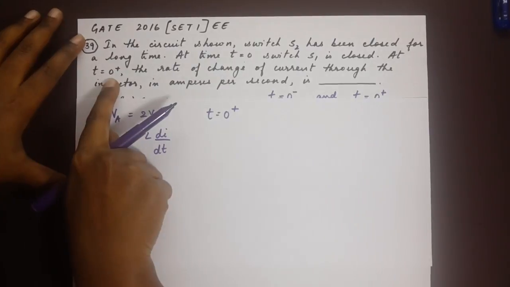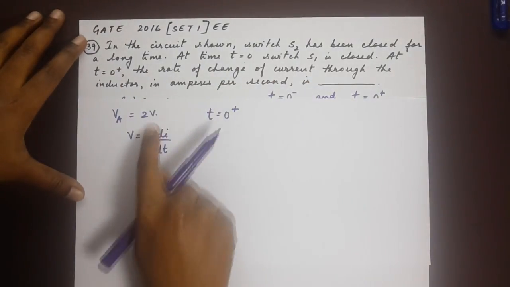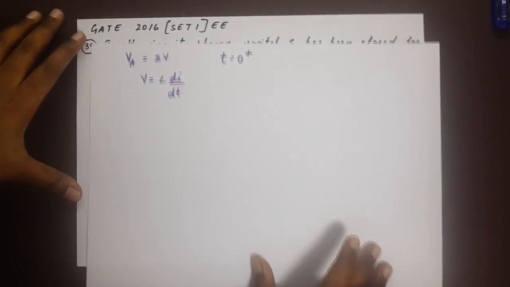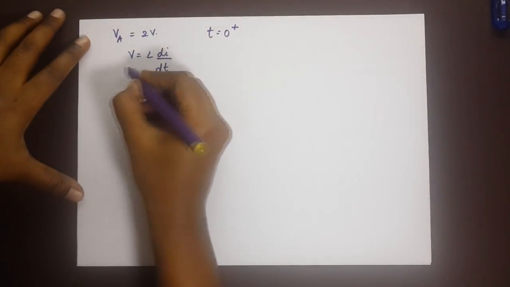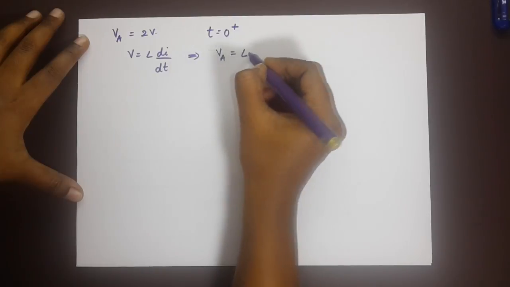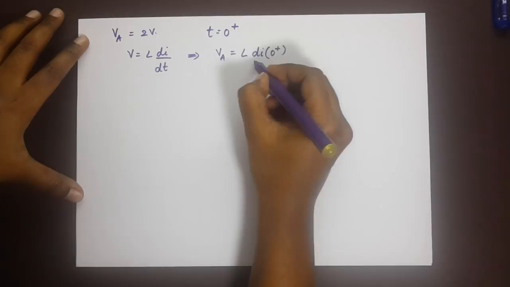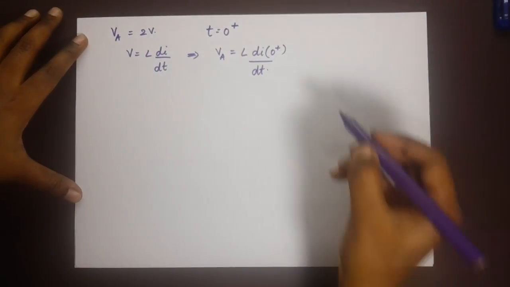At t is equal to 0 plus, the rate of change of current through the inductor. Okay, so we'll write that. To be more precise, it is VA is equal to L di at 0 plus divided by dt.